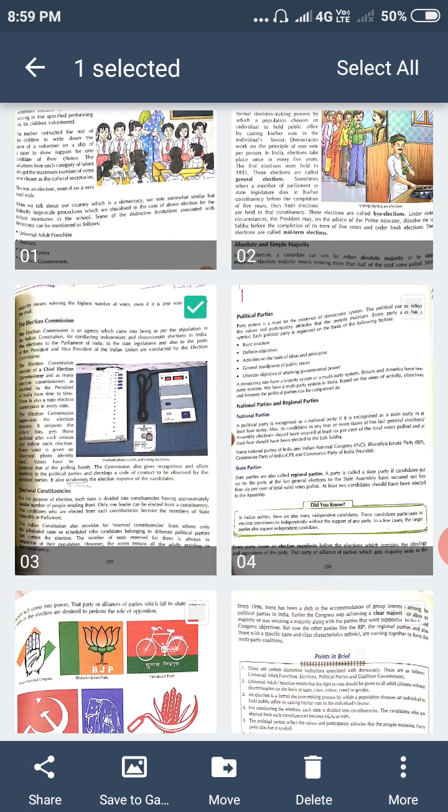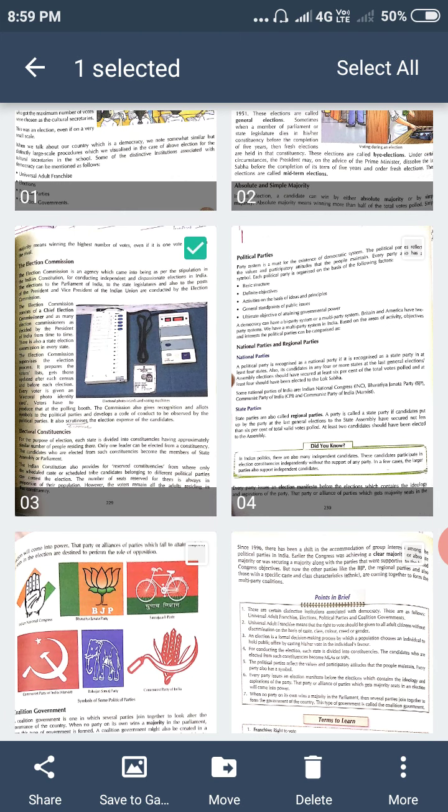First is general elections, when normally after the completion of 5 years, elections are held in the whole country. And by-elections are held because of certain circumstances, like if a member of parliament dies or resigns, and before the completion of 5 years, fresh elections are held. Then the next are mid-term elections.